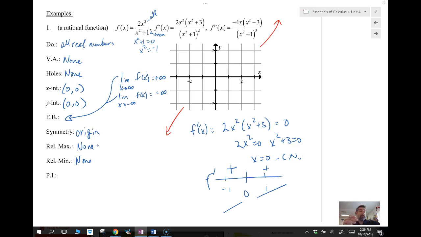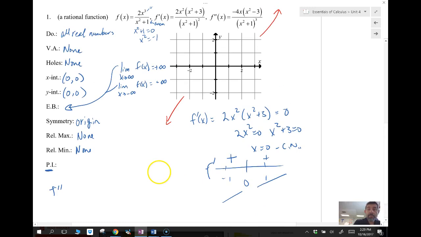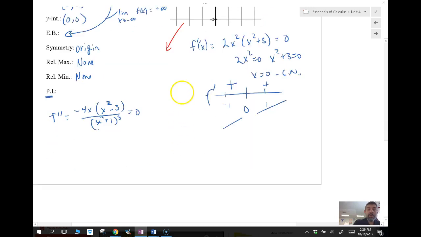Okay. So what about my points of inflection? Well, I'm going to take my second derivative now, which is negative 4x times x squared minus 3, and I'm going to set that equal to 0.